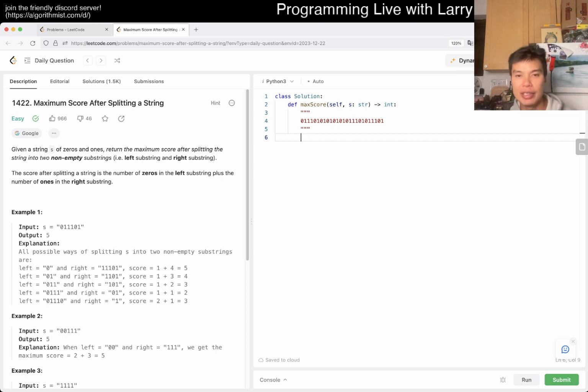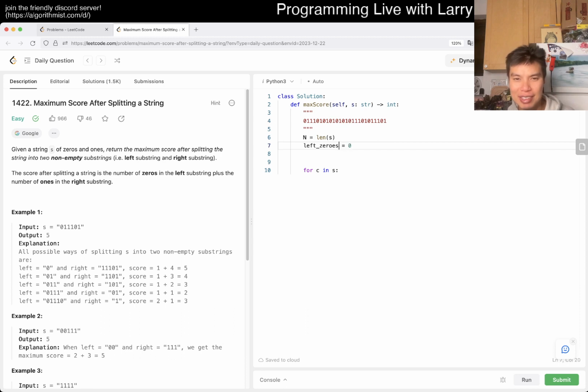For example, let's say we'll code it while talking about it. For c in s, you have left zeros, left ones, and right zeros, right ones.